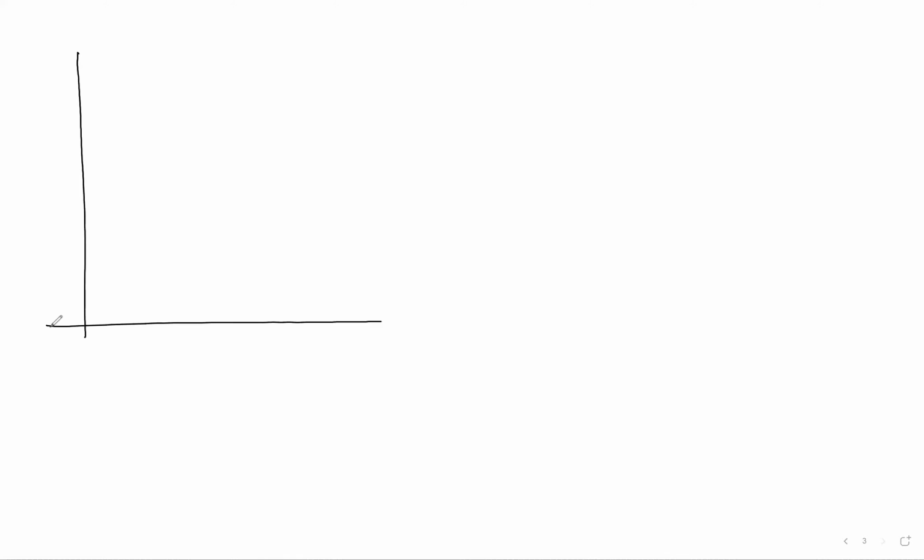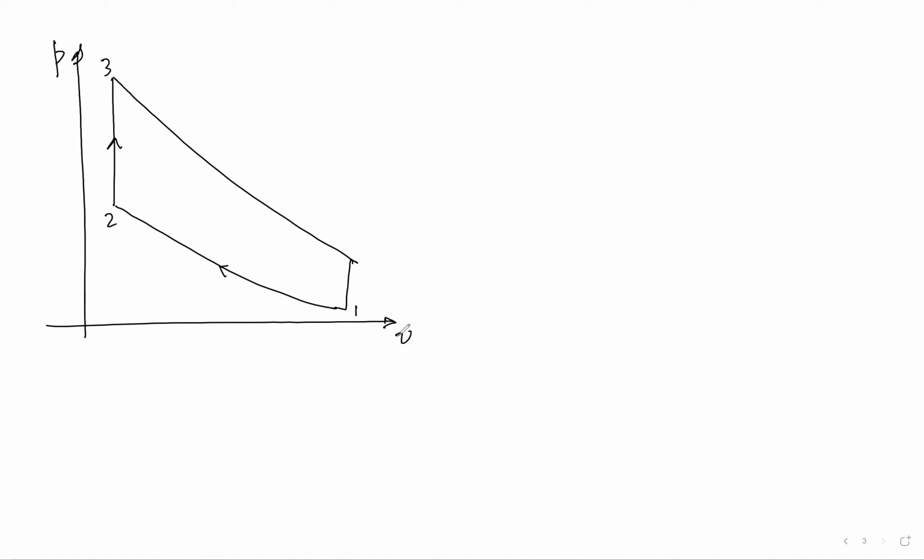I'm going to draw a PV diagram just for you to see. 1 to 2 is compression, 2 to 3 is a constant volume process, 3 to 4 is an isentropic expansion process, and 4 to 1 is a constant volume process, right? These processes are isentropic.